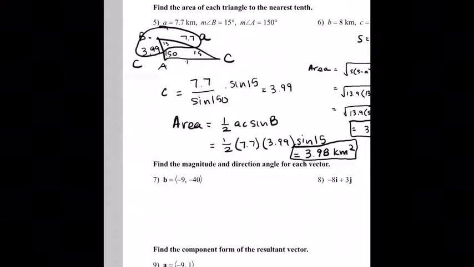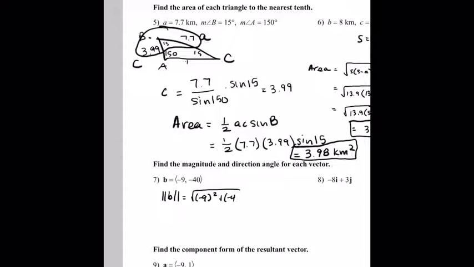That ends, at least at this point, problems from chapter 4. We now swing, well, no, I stand corrected. These vector problems were from 4.3. We haven't gotten to chapter 5 yet. These are vector problems now from 4.3, magnitude and the direction angle for the vector. Magnitude is just Pythagorean's theorem.